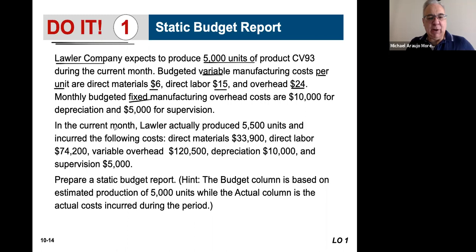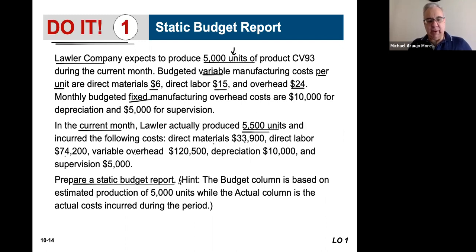In the current month, Lawler actually produced 5,500 units. So they were budgeted, they were expected to produce 5,000, they produced 5,500. They incurred the following costs: direct materials, $33,900, direct labor, $74,200, variable overhead, $120,500, depreciation was $10,000, supervision was $5,000.